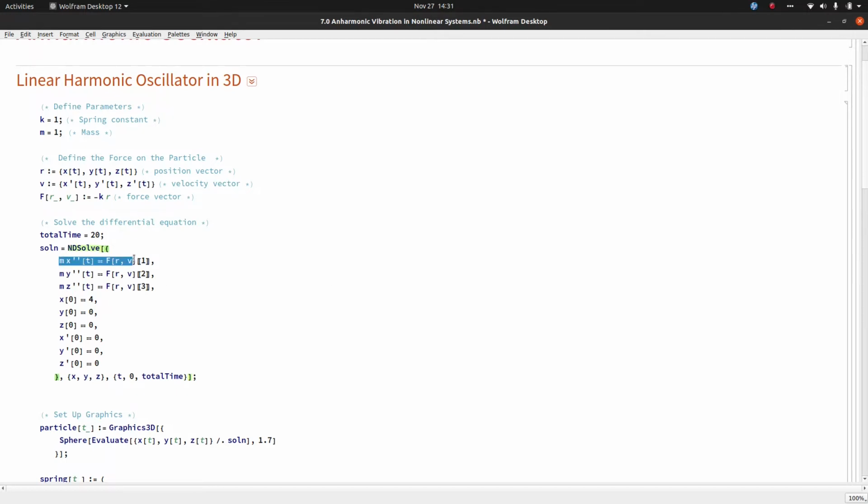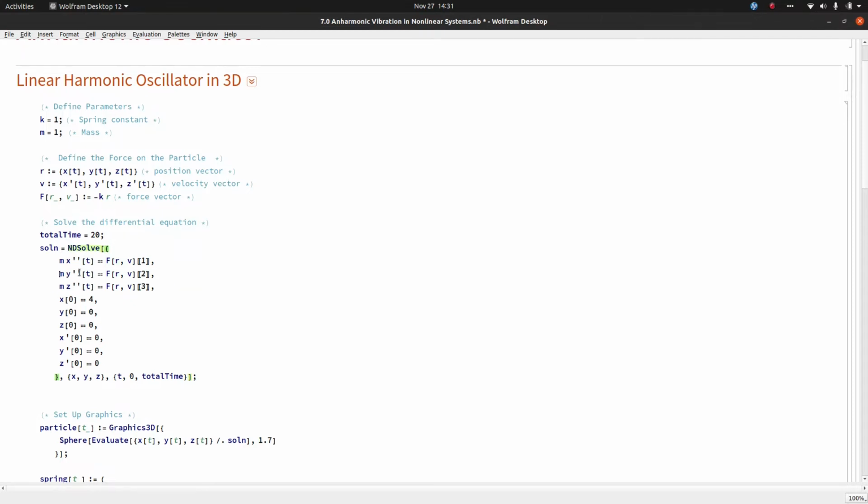So for x, we'll have m x double prime equals, double equals here, the force as a function of r and v. And since it's the x component, we want the first component of that. So I have this double bracket 1 there. And then we'll do the same for each component.